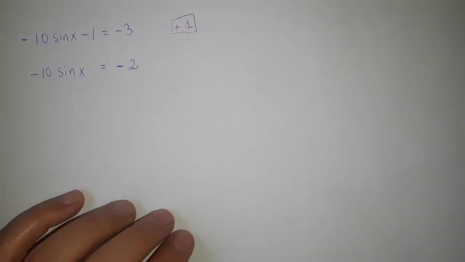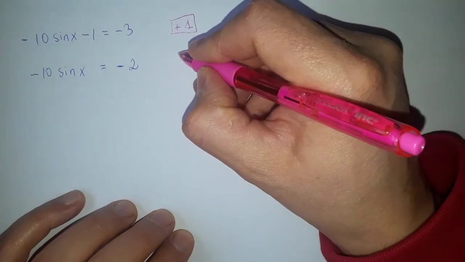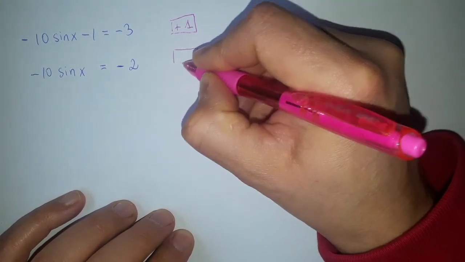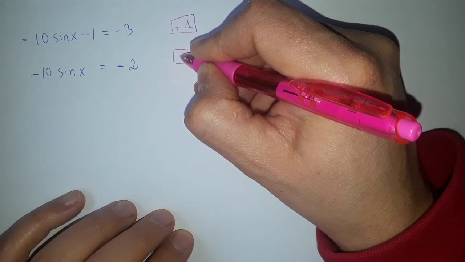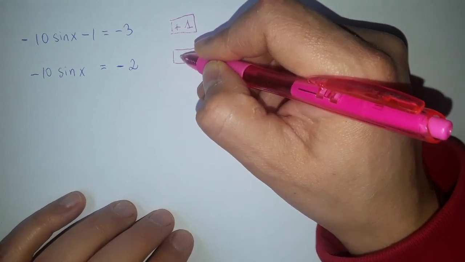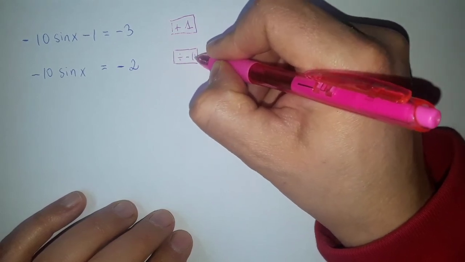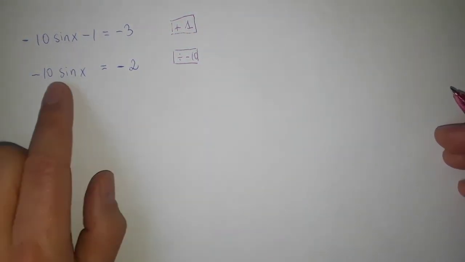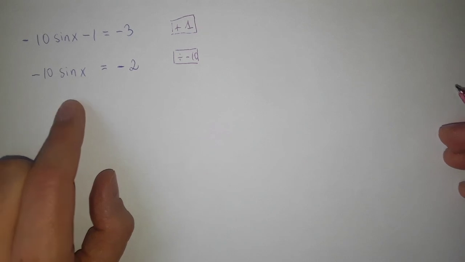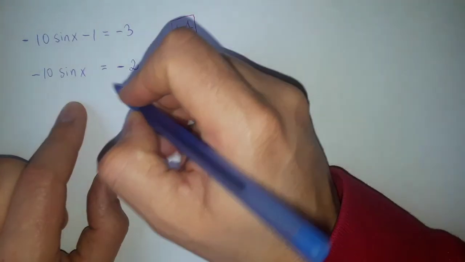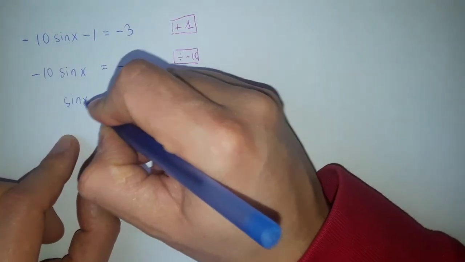Okay, then the next thing we must do is divide both sides by negative 10, right? So if we divide by negative 10 here, this is going to cancel out, and then we're going to have sine of x.